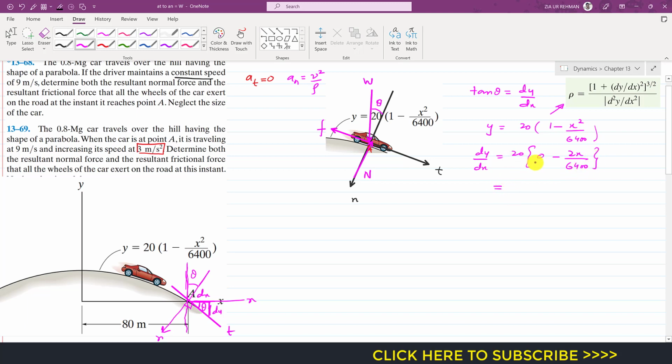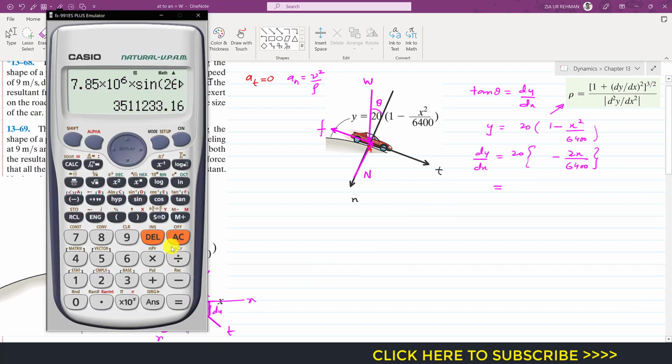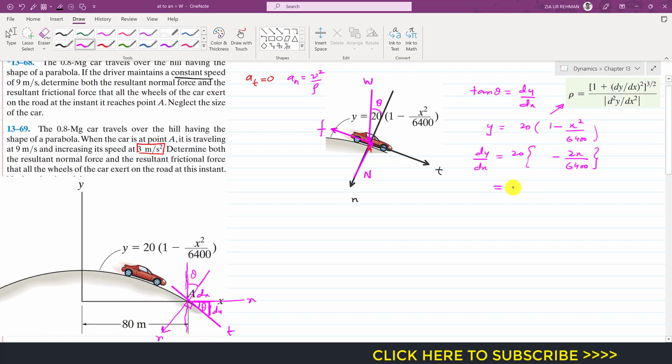When we simplify this, multiplying by 20, this is 40 divided by 6400. So 40 divided by 6400 is 1 divided by 160. So we can say that this is minus 1 divided by 160 into x. So this is dy by dx.